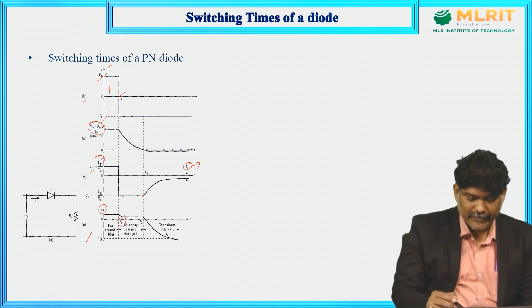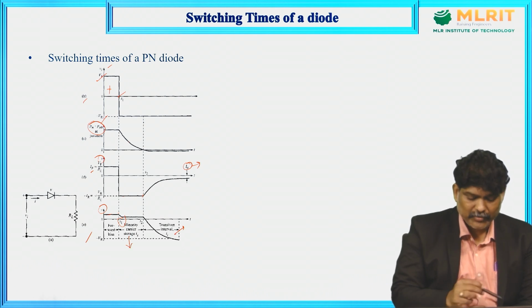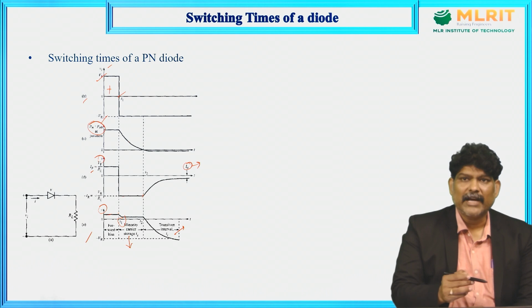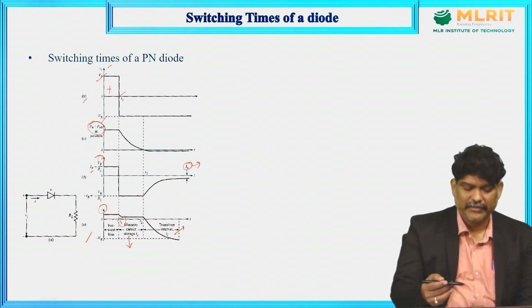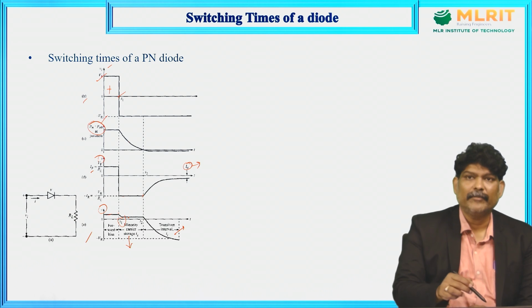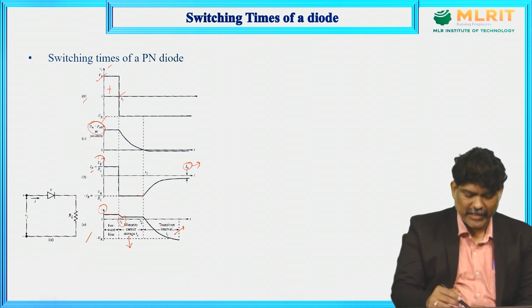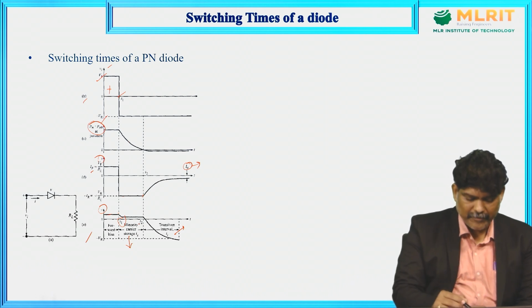Transition time is this one, and we have a storage time also. So storage time means what? The time required by the diode voltage to change its state from forward to reverse and then reverse to forward. So that shows the minority carrier storage.